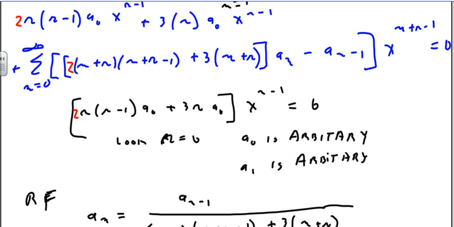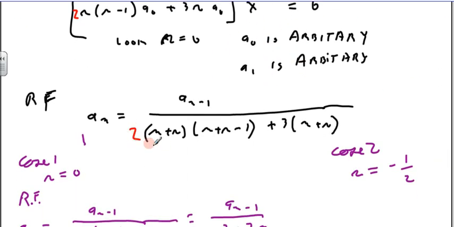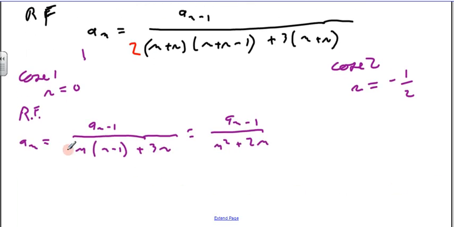But there's a 2 here, which does make a difference. Okay, so there's a 2 there, there's a 2 down there. And there's 2n squared minus 2n plus 3n, which is n. Okay, so I think that that is better.